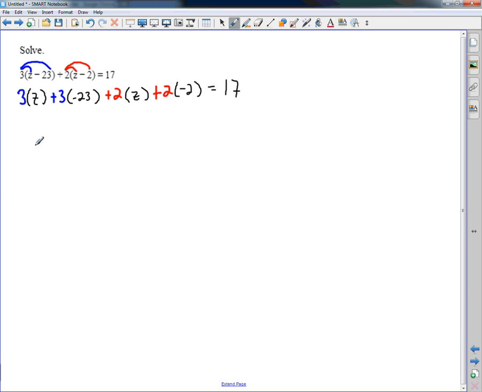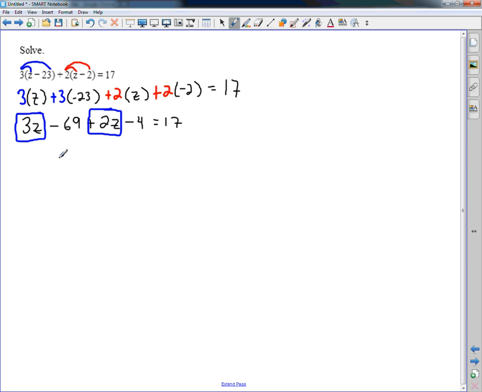So we go ahead and multiply. We have 3z minus 69 plus 2z minus 4 equals 17. We combine some like terms. Again, I can combine these z's because they are the same variable, same exponent.